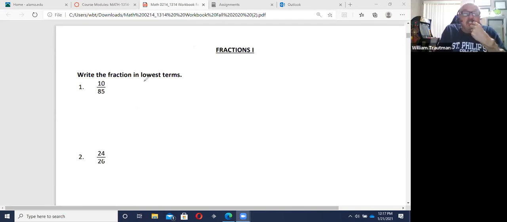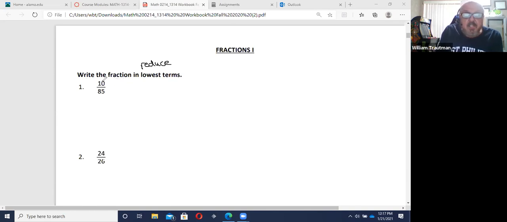Okay, so here it says put fractions in lowest terms. Oftentimes that's also called reducing. One way of reducing a fraction is looking at the top and bottom and determining what they can both be divided by.